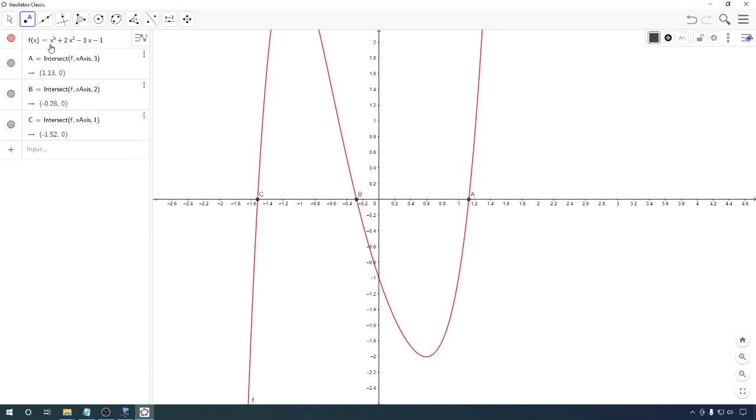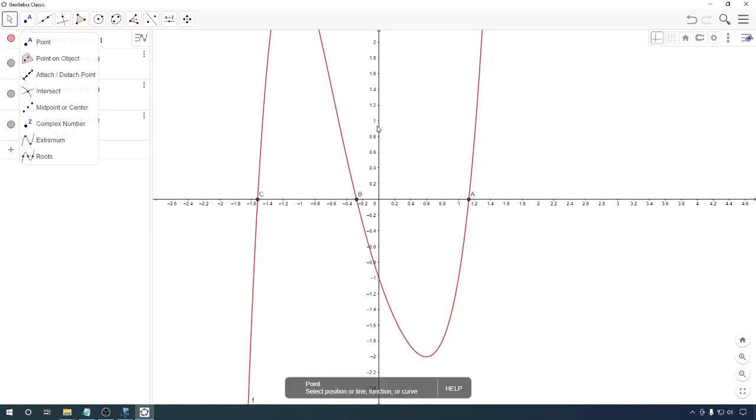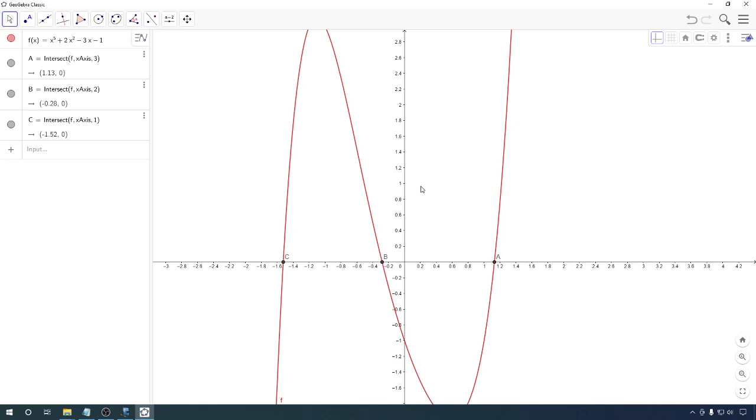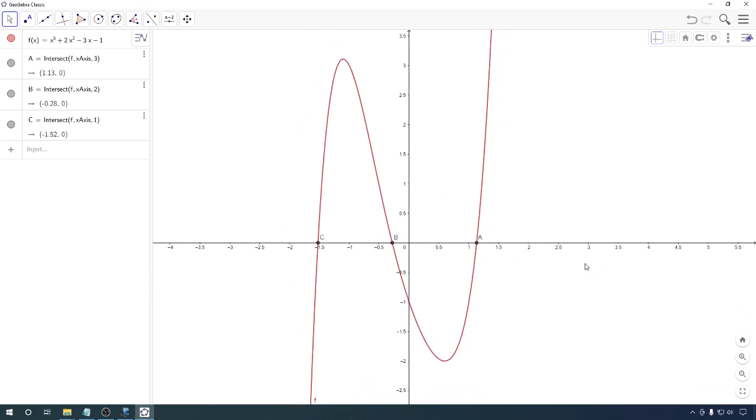I can tell you right away that the other two roots of this 5th degree polynomial are complex. But all that information is thanks to the fact that we have technology here. If we didn't have the ability to graph it immediately, these would be really complicated things to find out about this polynomial. We'd have to do a lot of extra work.